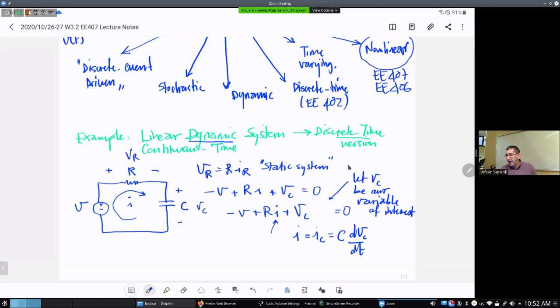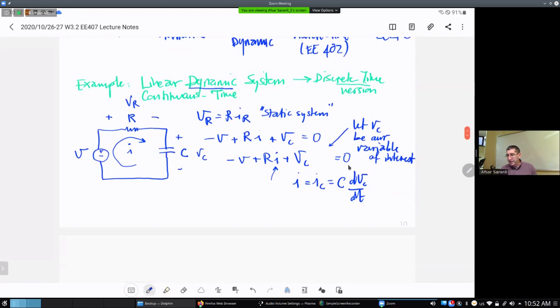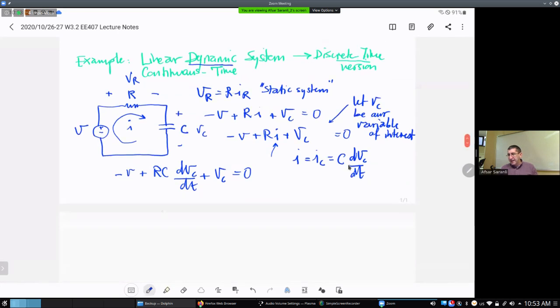So I can replace I by my variable of interest, in terms of VC, okay? So what I have here is minus V plus R times C times dVC over dt plus VC is equal to 0. This V is my input to this circuit. So I can rewrite this as RC dVC over dt plus VC, remember these are functions of time, VC of t is equal to V of t. This is a differential equation model.